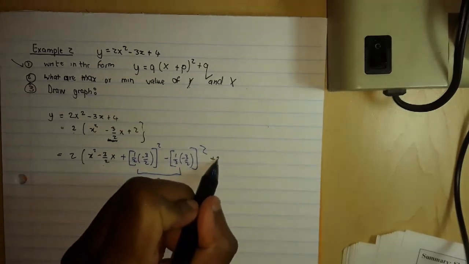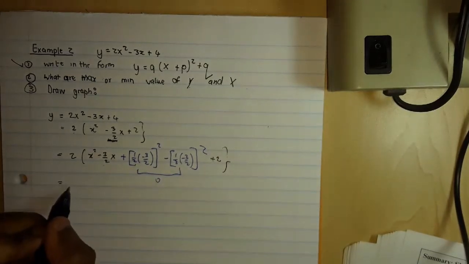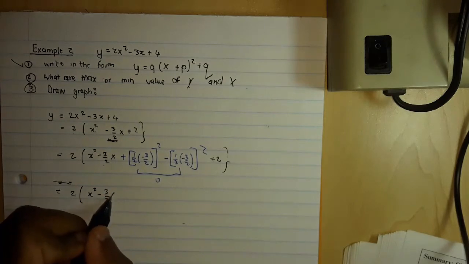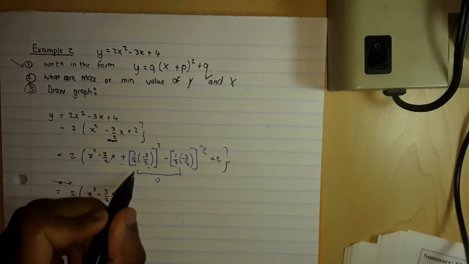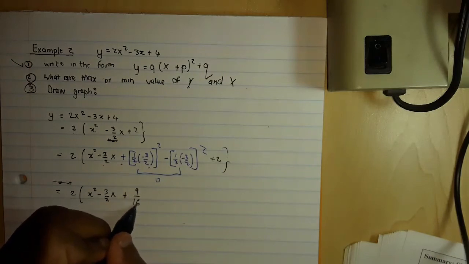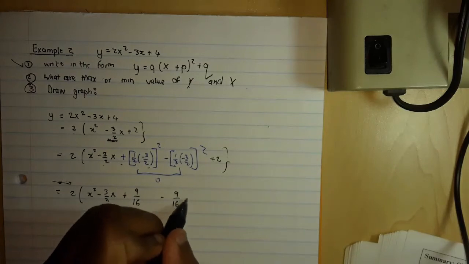And then we have plus 2 here. If you try and simplify this, we'll have 2 times x squared minus 3 over 2 x, plus 9 over 16, and then minus 9 over 16, and then plus 2.